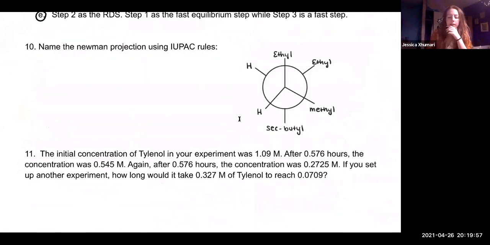Okay, for 10, we are naming the Newman projection here. Again, first thing you always want to do is draw it. And so I'm going to color code everything here so it's nice and clear. So this dot here is going to be my first carbon that I'm looking at. And then we can do green as our backward carbon.